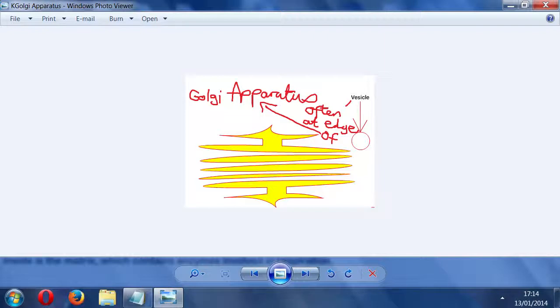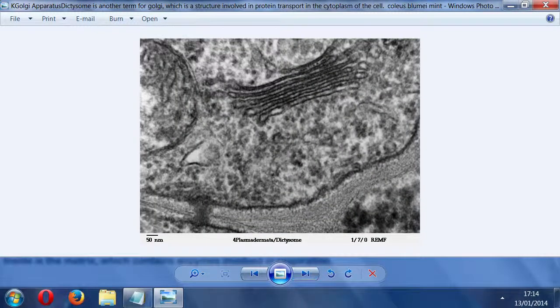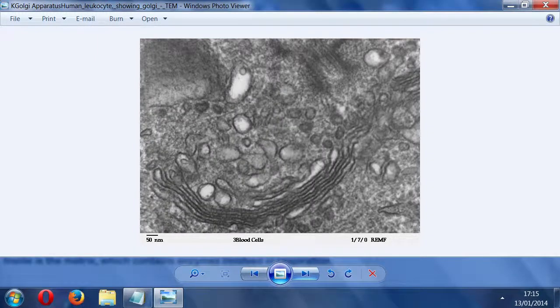So off to the edge of the vesicle, like I've mentioned, and we can see it's got some really good pictures, again from this mint plant I found. You can see the structure of the Golgi quite clearly, and let's see what else we've got. Here's the Golgi in the human leukocyte. You can see they're quite fat structures.